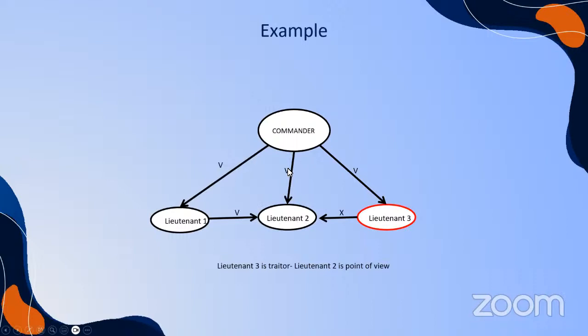Lieutenant 2 received the V message from the commander and lieutenant 1, but lieutenant 3 sent the X message. So on the basis of voting, lieutenant 2 decides which node is faulty.